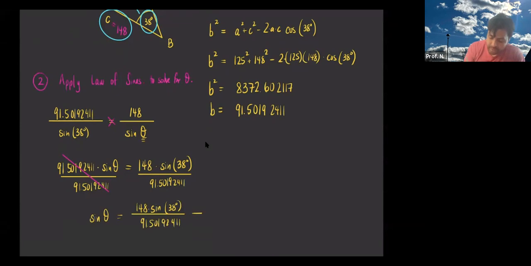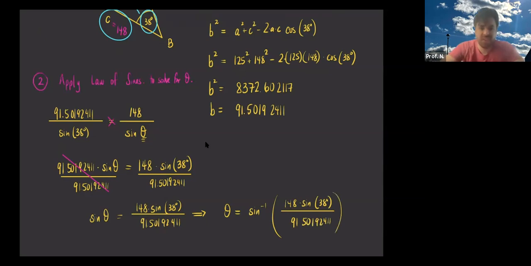And so I want to find theta. So I need sine inverse of the expression 148 times sine of 38 degrees all over 91.50192411. So I'm going to apply the inverse trig function for that. And Tiffany already got 84. Let me check.